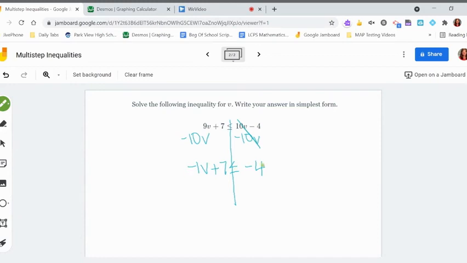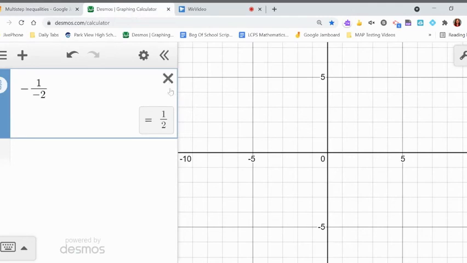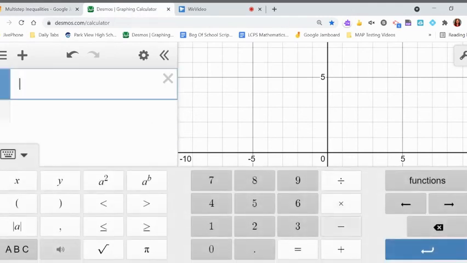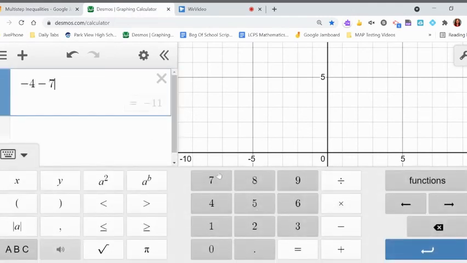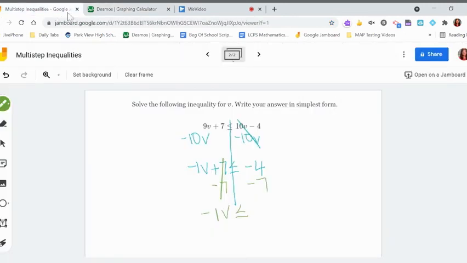Now it's a two-step inequality. I have a positive 7 here, so I'm going to subtract 7 from both sides. I get negative 1V is less than or equal to negative 4 minus 7. Remember, that's not multiplying there. We do negative 4 minus 7, and we get negative 11.